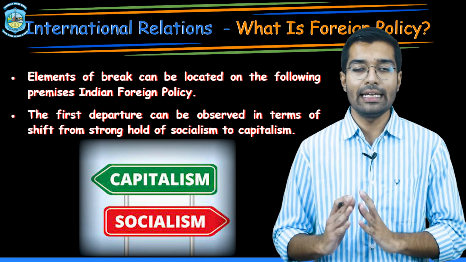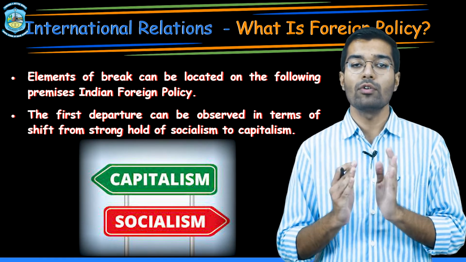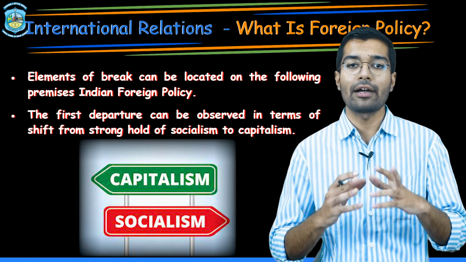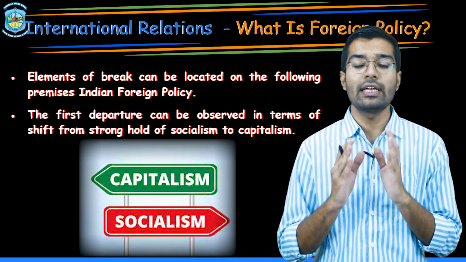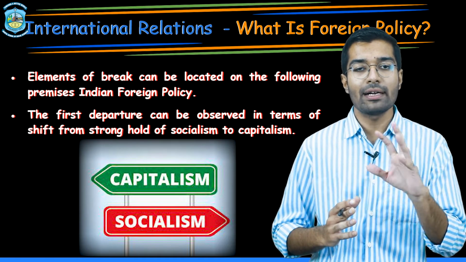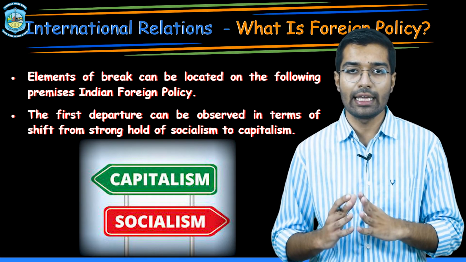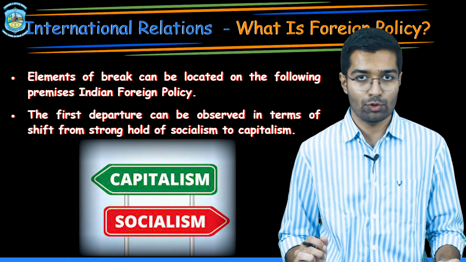When India got independence, we started inclining towards socialism. Although we were saying that we are part of the non-alignment movement, not joining either the socialist bloc or the capitalist bloc, somehow our foreign policy and the internal policies of India were influenced by the idea of socialism.